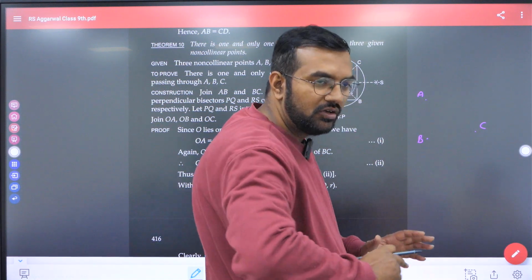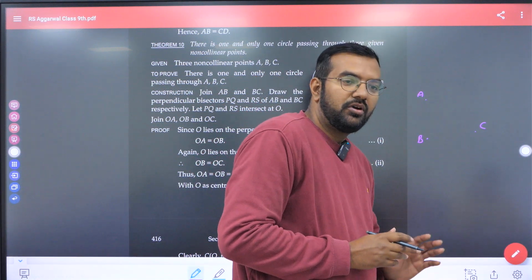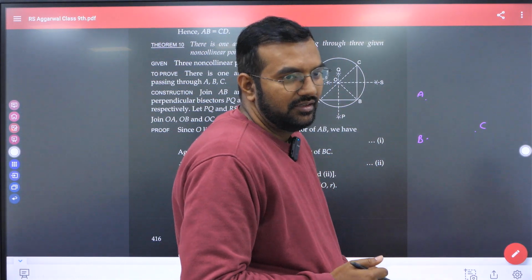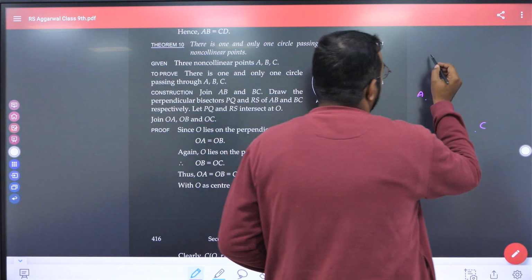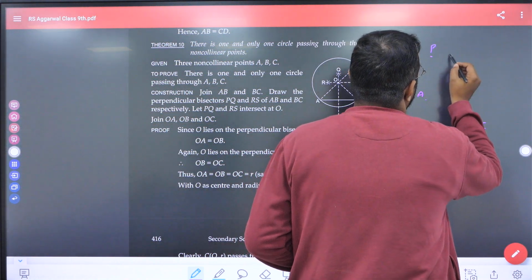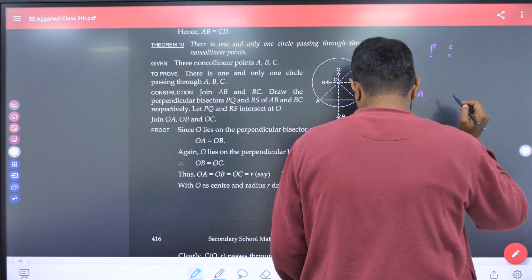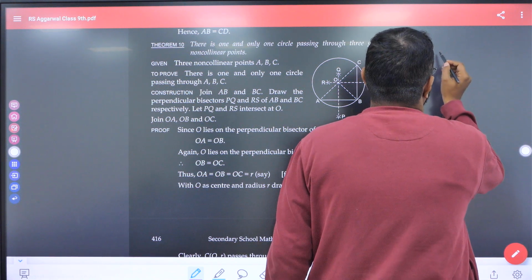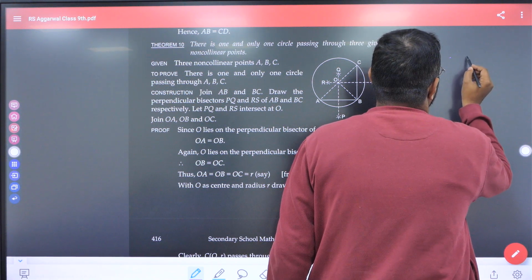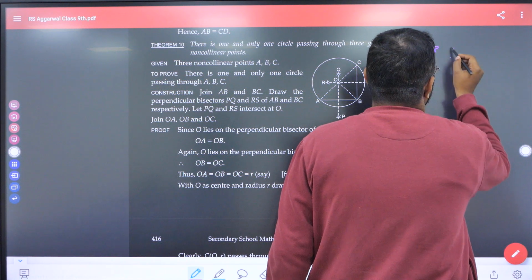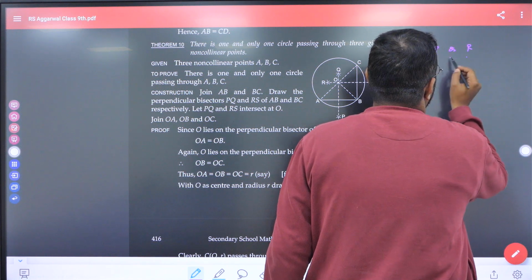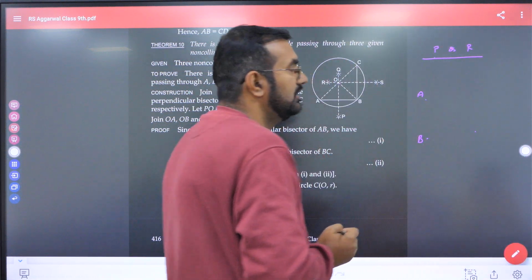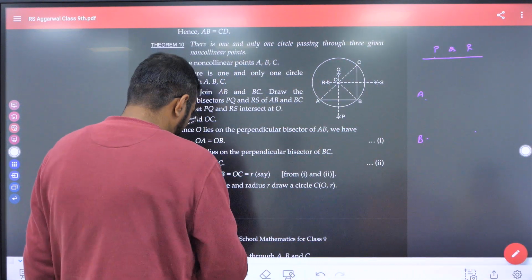You know what non-collinear points are? The points that are not on a straight line. Look at these three points, P, Q, R. You can see these three points are on the same straight line, right?